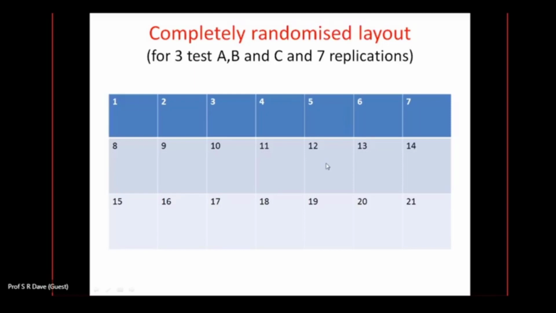So randomly I am putting the flasks, randomly I am performing the experiment, randomly I am selecting the place of the experiment, randomly I am giving this to the 21 students. I am not giving A treatment to the girls only and B treatment to only the boys. It is randomly mixed.